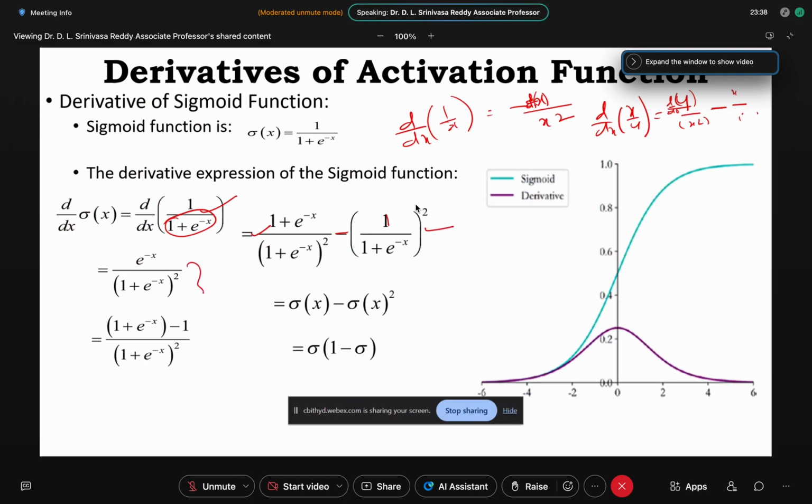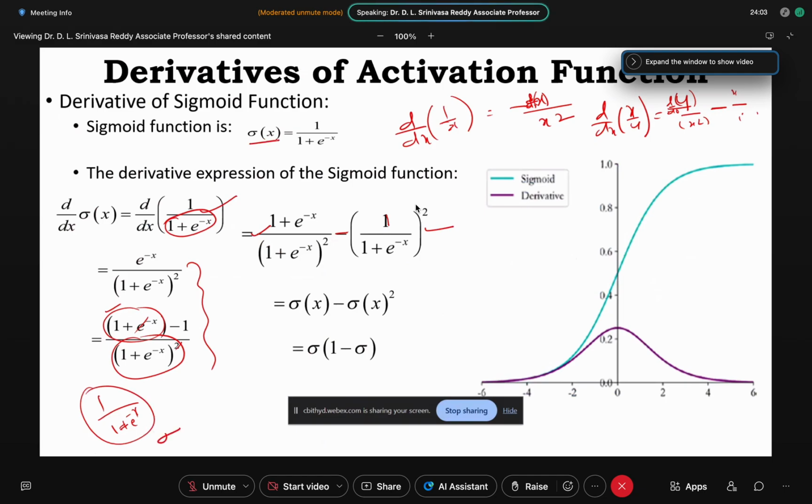When you simplify, you will get this type of equation. This by this is nothing but 1 time you'll get it. So it is equivalent to 1 by 1 plus e power of minus x. It is like a sigma.